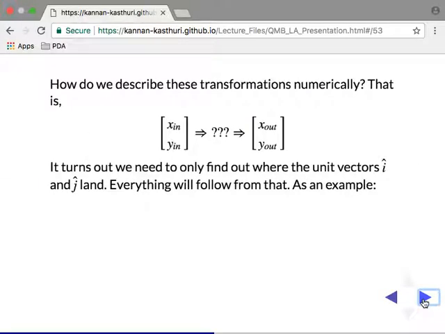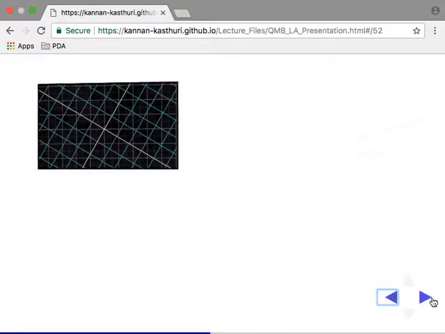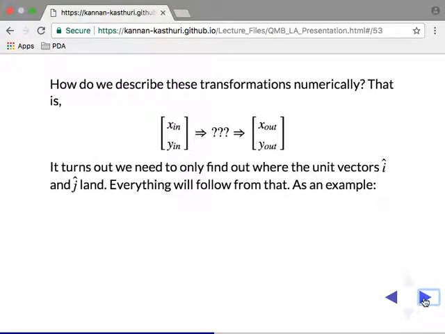So how do we describe these transformations numerically? Is there any way you can describe these transformations? Interestingly, you don't have to worry about it, because once you know where i and j, the basis vectors, transform to, you will be able to find out where any point would land, because they are basis vectors.